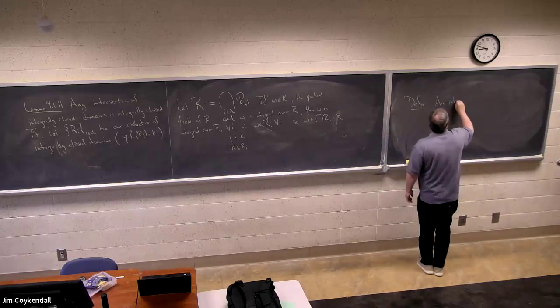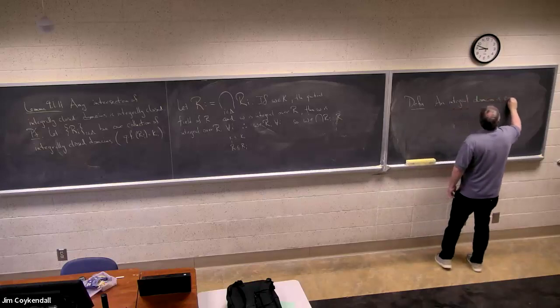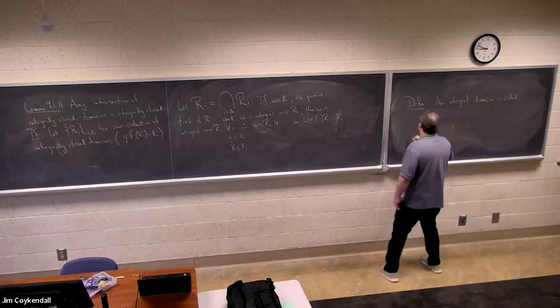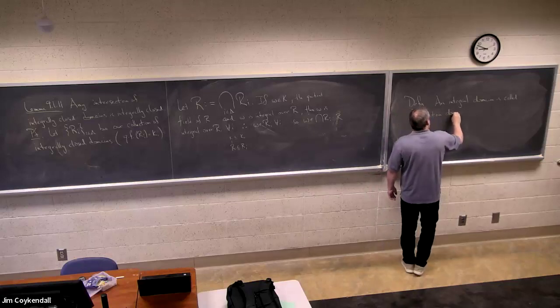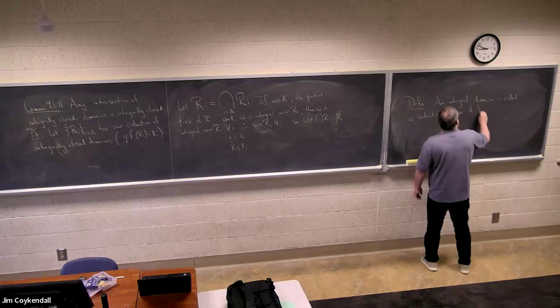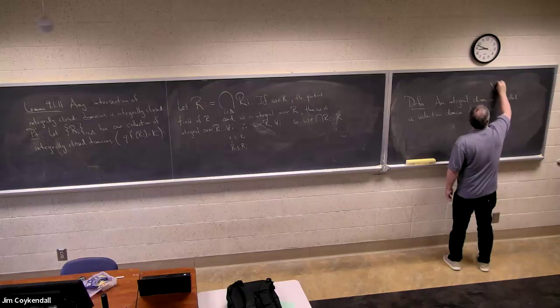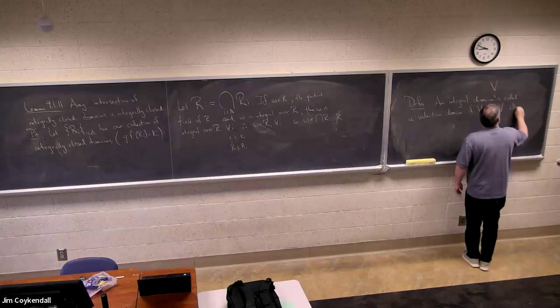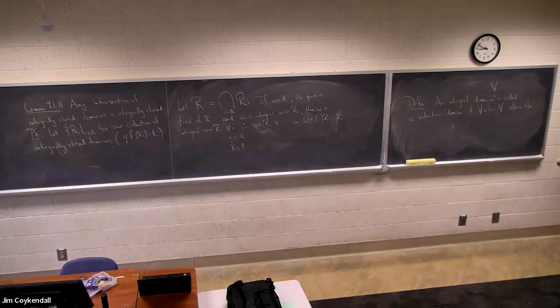An integral domain is called a valuation domain if for all A, B in the domain, A divides B or B divides A. So this is what I'm going to call valuation. And you can assume those elements are non-zero, although the statement as written is correct.